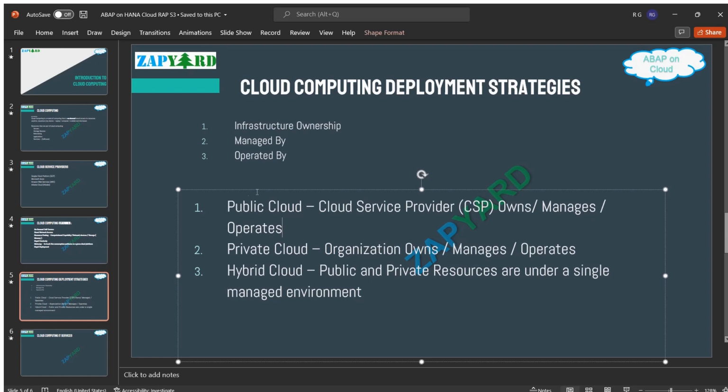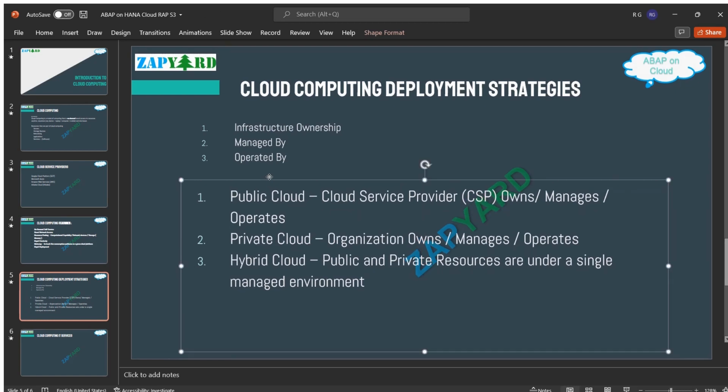So these are very important aspects of cloud deployment strategies.